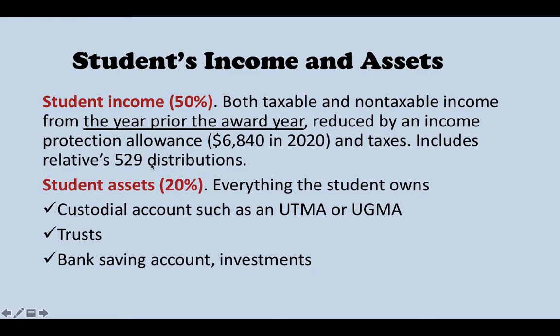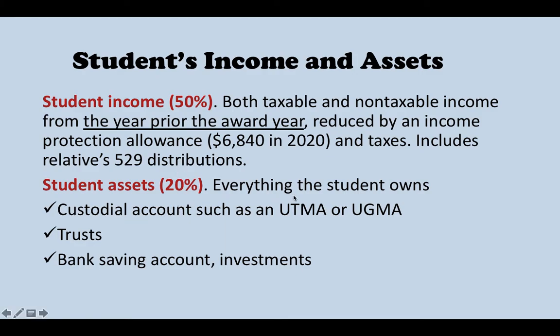So if you want to use the grandparents' 529, you should use it toward the end, like the junior or senior year. Otherwise, those withdrawals will be counted in the EFC and reduce the eligibility for financial aid.